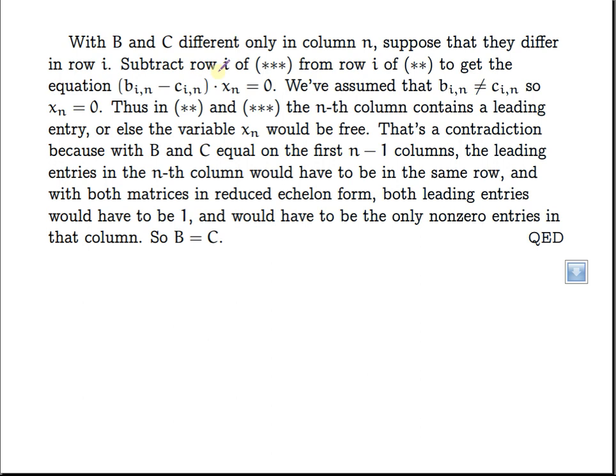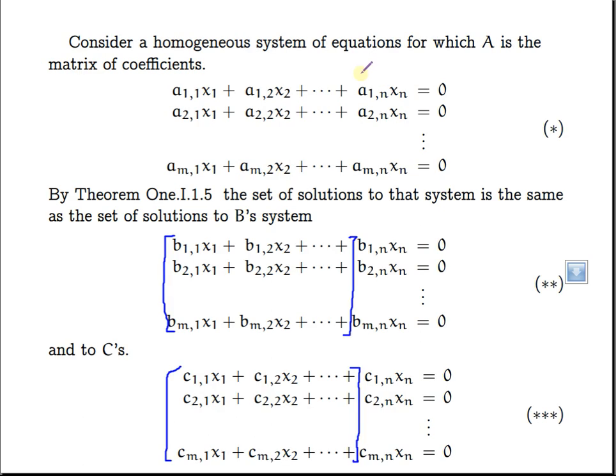So subtract row i of triple star from row i of double star. So subtract row i of this system with C's from row i of this system with B's. And we know that the coefficients to the left of this line are all 0. So here we're going to get 0.